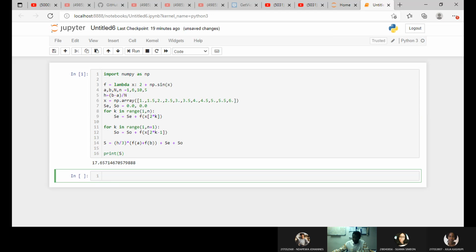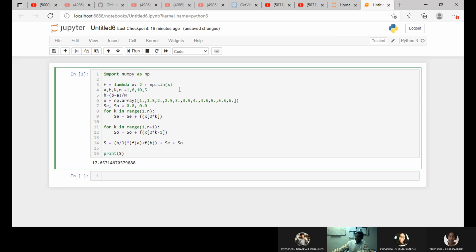So N is 5. Okay, that one is correct. Now, the lambda function F is 2 plus, oh, you see, there's an error here. The lambda function is not correct. It's 2 times square root.